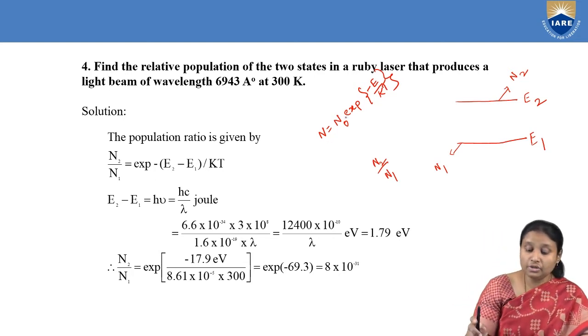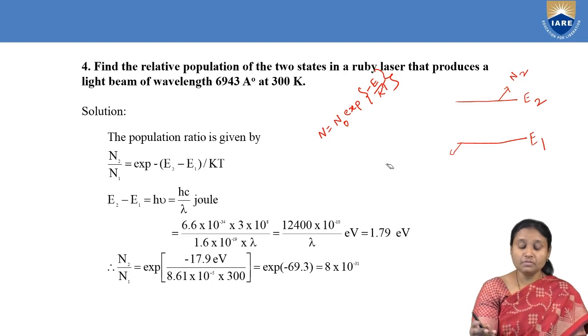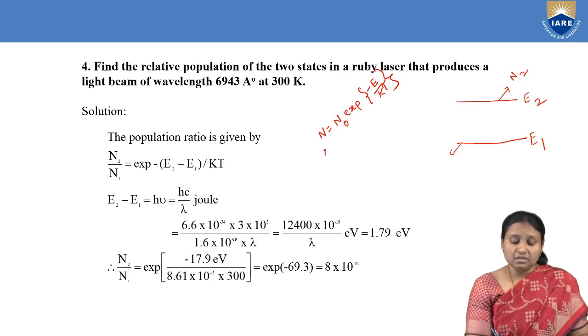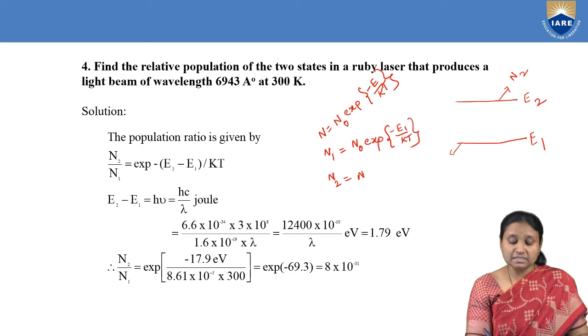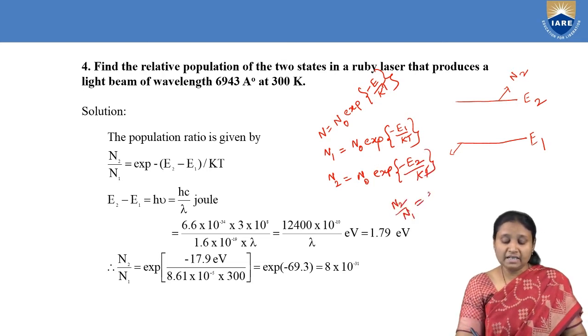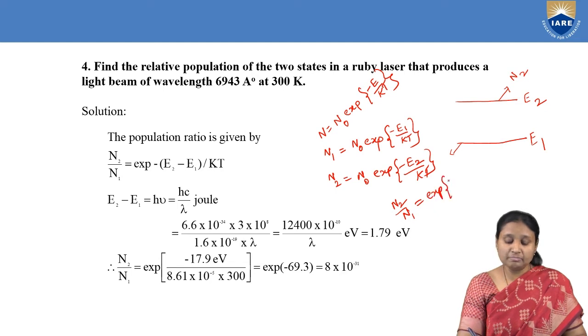So here I'm going to get two equations. First, the population of energy state E1 is N1 = N0 exponential of minus E1 by kT, and N2 = N0 exponential of minus E2 by kT. Now, if we divide N2 by N1, the N0 will cancel, and we end up with exponential of minus (E2 minus E1) by kT.